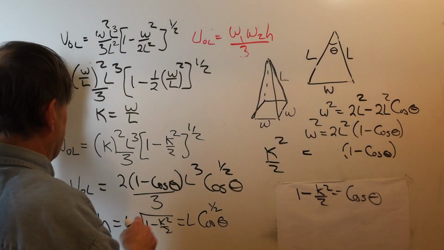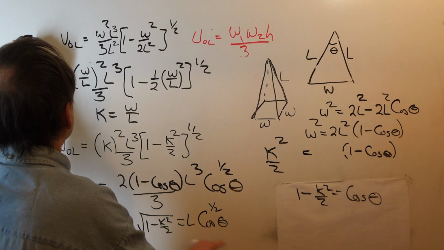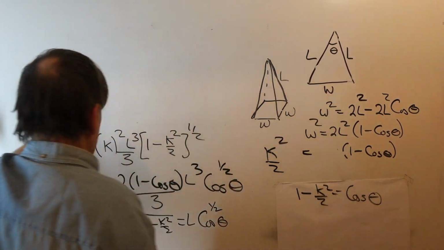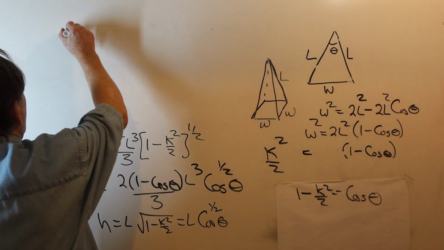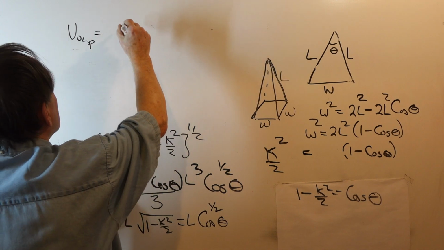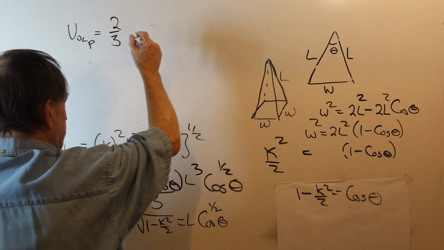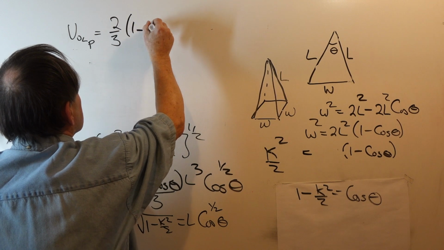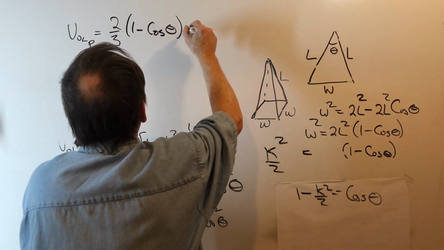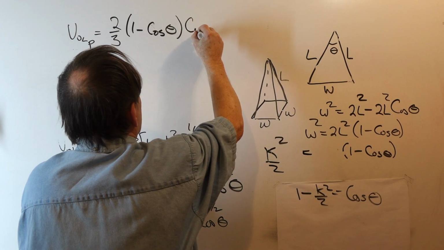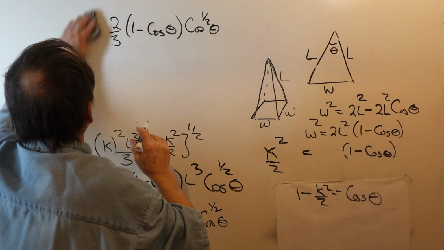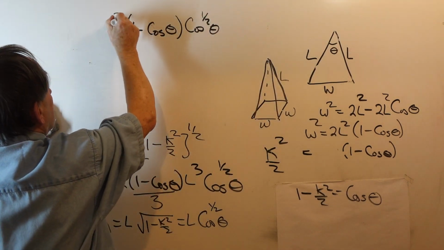So I'll rewrite this because I'm going to be using this. I'm going to write that the volume of the pyramid is 2/3 times 1 minus the cosine of theta times the cosine of 1/2 of theta, and this is times L cubed.